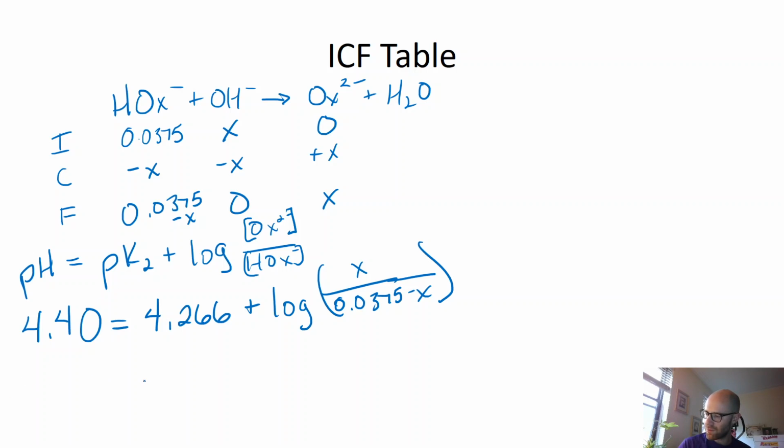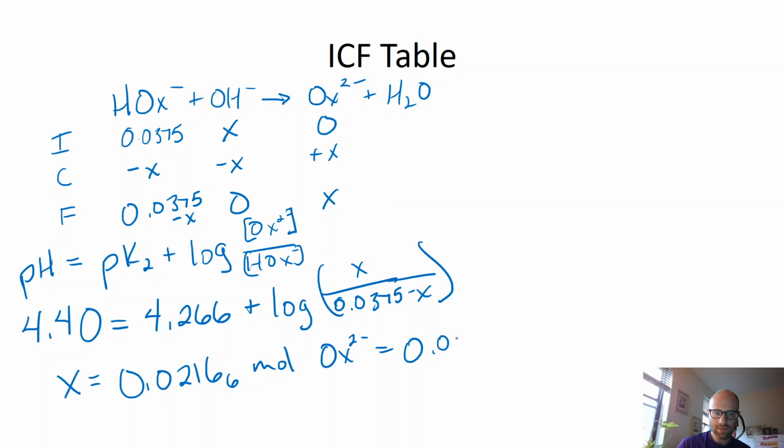But yes, if I go through to solve and do some algebra, what I end up here with is X is equal to 0.0216 moles of OX2 minus, which is equal to that same number of hydroxide.